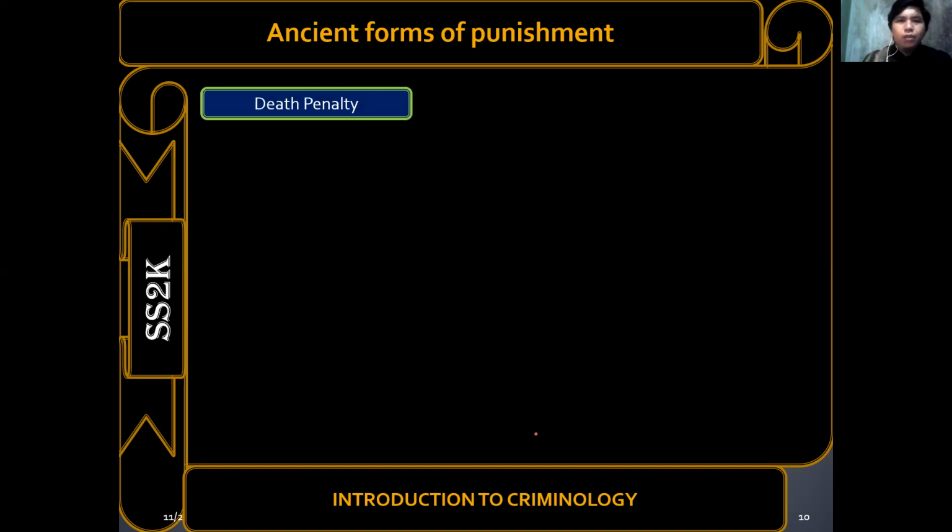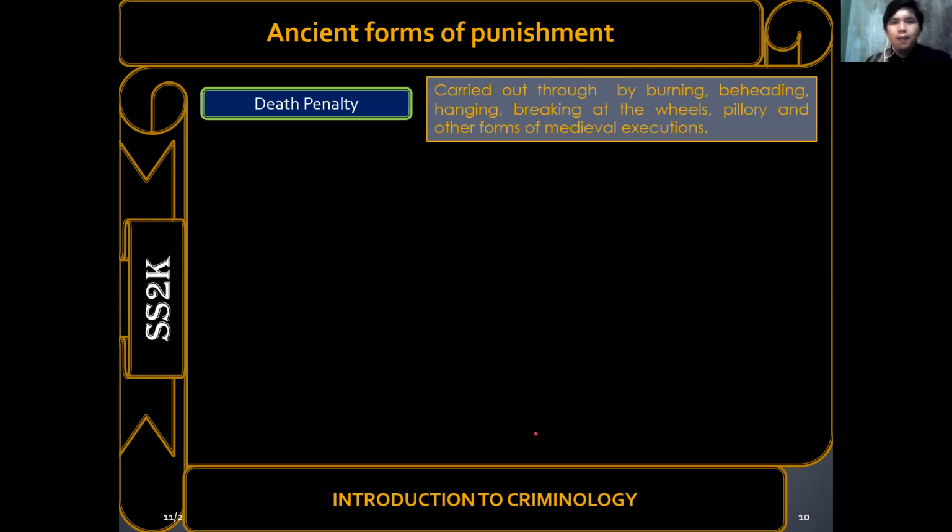So, what are the ancient forms of punishment? Ano yung mga lumang klase ng pagpaparusa? So, of course, one of the most controversial forms of punishment is death penalty. Okay? So, death penalty, kamatayan. It is carried out by burning.